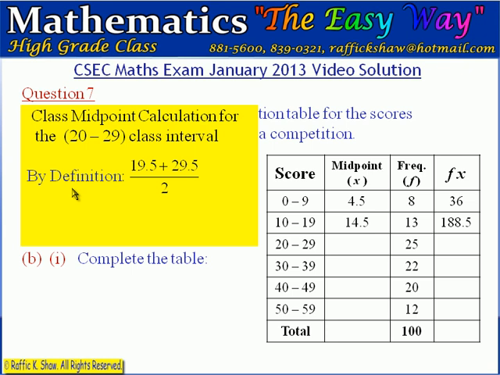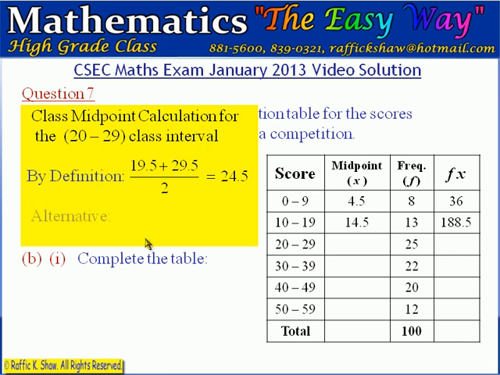That's by definition. Midpoint is equal to the average of the boundary values of the group. And the boundary values of this group would be 19.5 and 29.5. And we have to divide that sum by 2 to get the average.